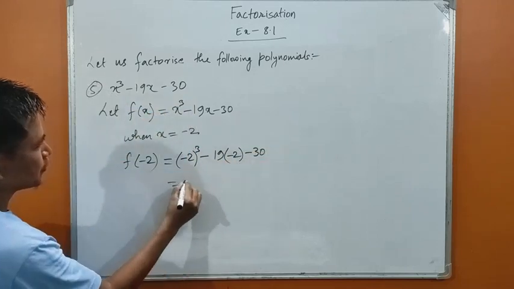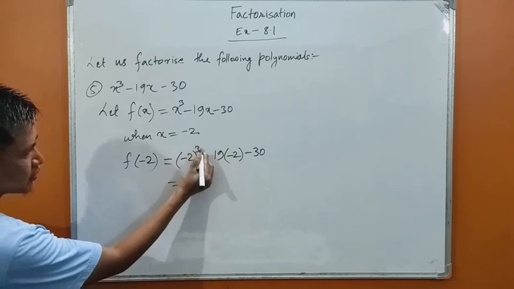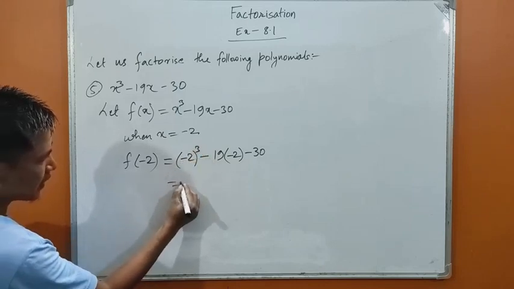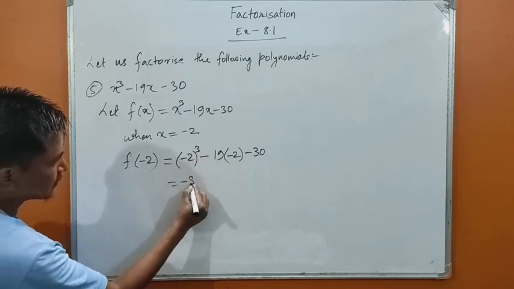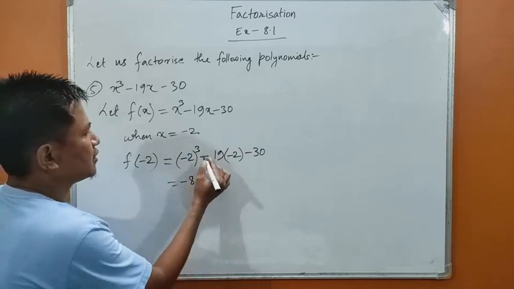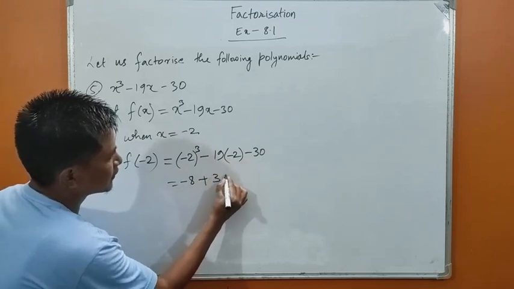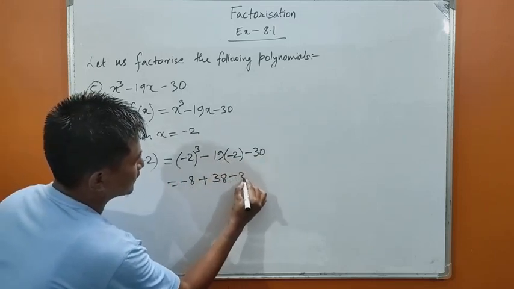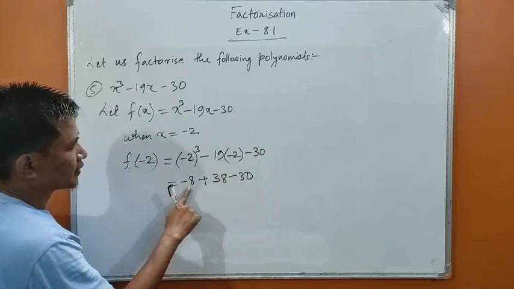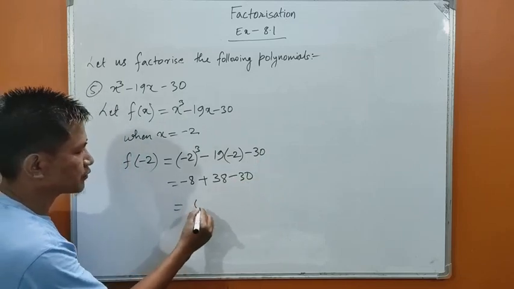The power is an odd number, so the sign remains minus. 2 cube is 8. If the power is an even number, the sign changes to plus. Minus into minus is plus, 19 2s are 38, and this is minus 30. So minus 8 and minus 30 becomes minus 38, and minus 38 plus 38 becomes 0.